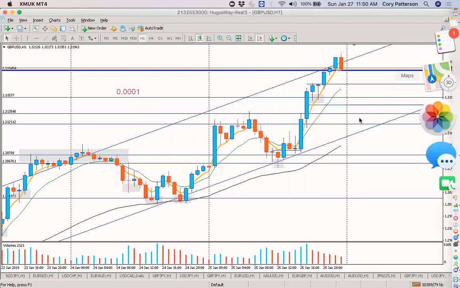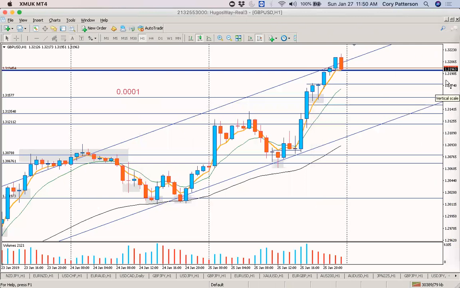In this case, I'm looking at this price, and it is at 1.3196. So I'm looking at this 96 area to see where the price is going to move. If it moves up to 97, that means it just went up 1 pip. If it moves down to 95, it went down 1 pip.